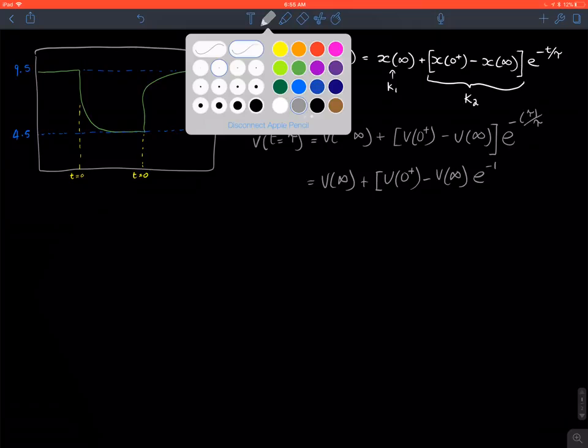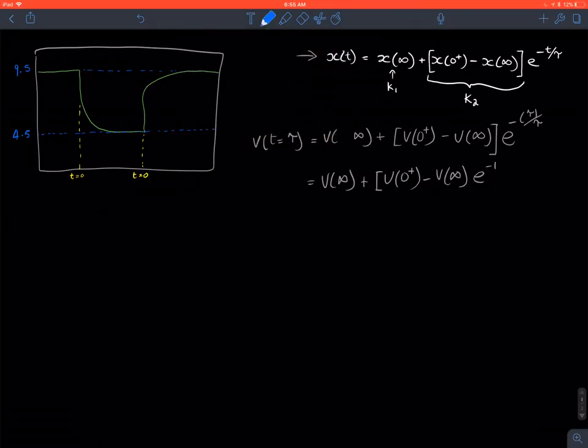So I'm going to switch colors here, and we'll do falling first. So we'll do this part first. And we're trying to find out where tau is located on the screen. Okay, so let's say this is falling.